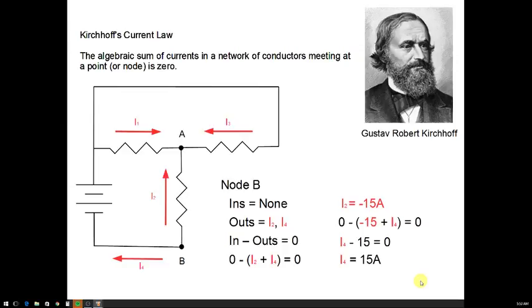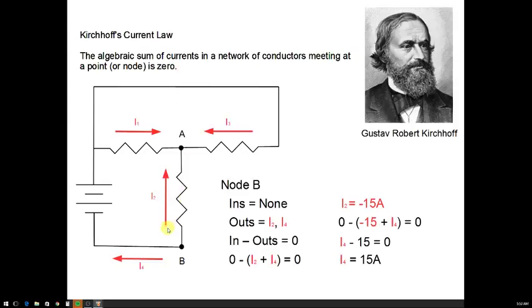So the reason why Kirchhoff came up with this law was that some circuits can get to be so complex that you're not even certain which way the current is actually going to flow. So you can draw reference arrows like this on a schematic, and then you can use his current law to figure out actual current flows.